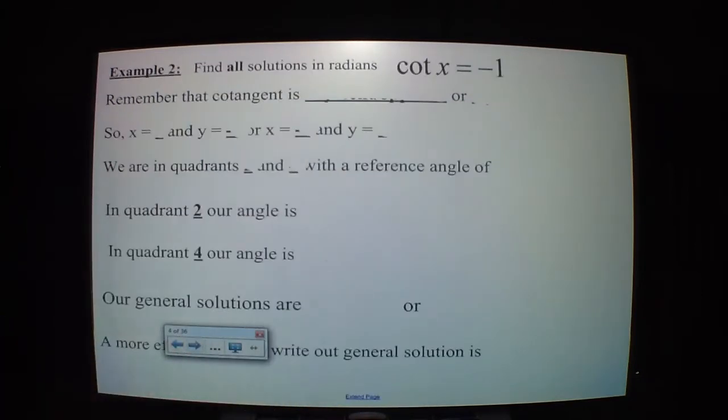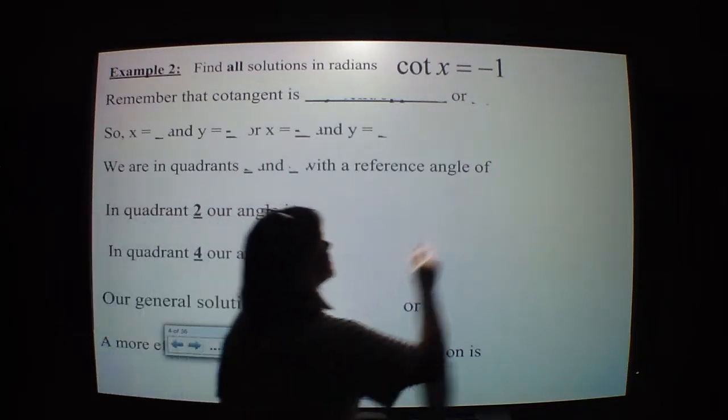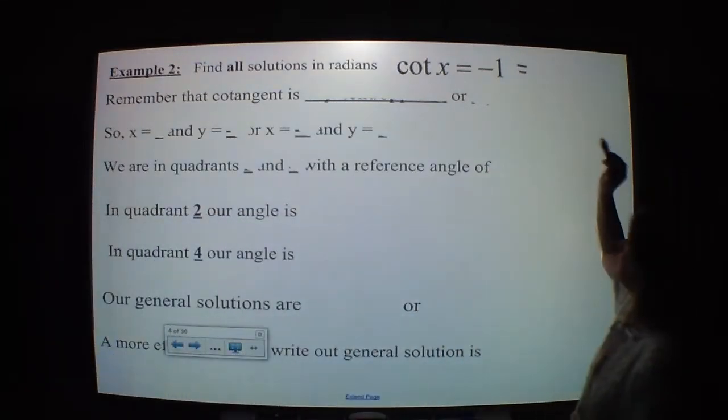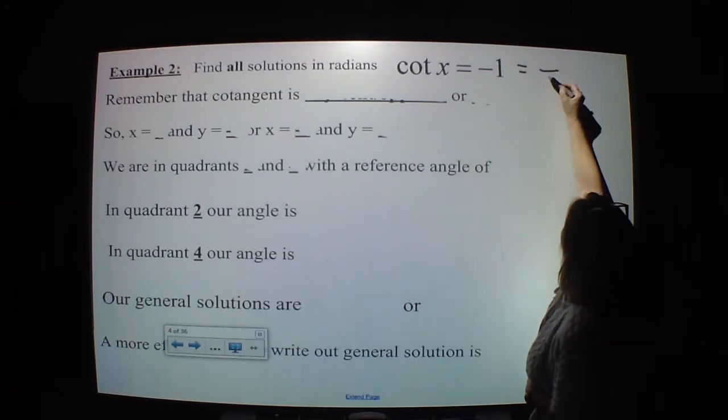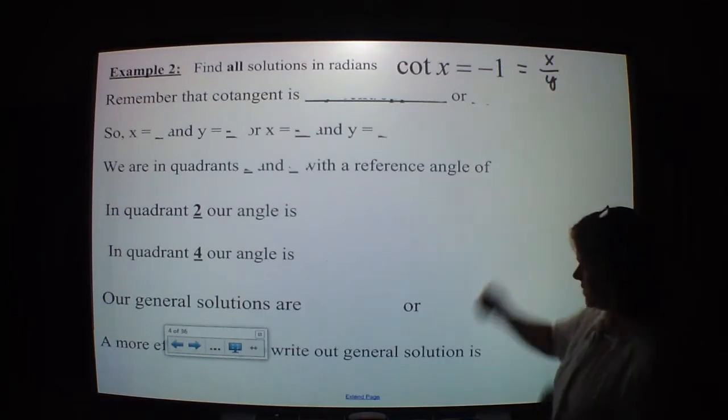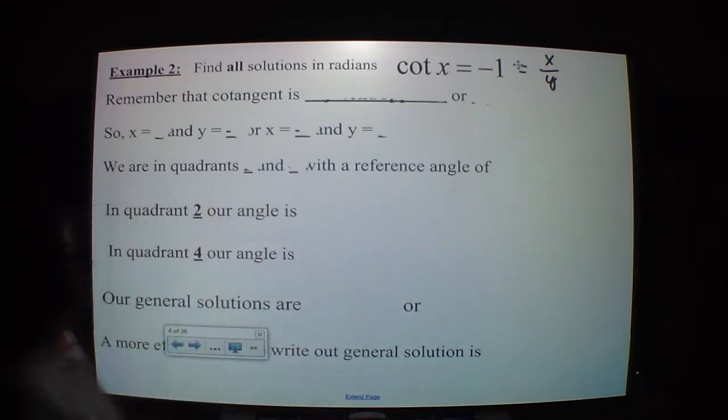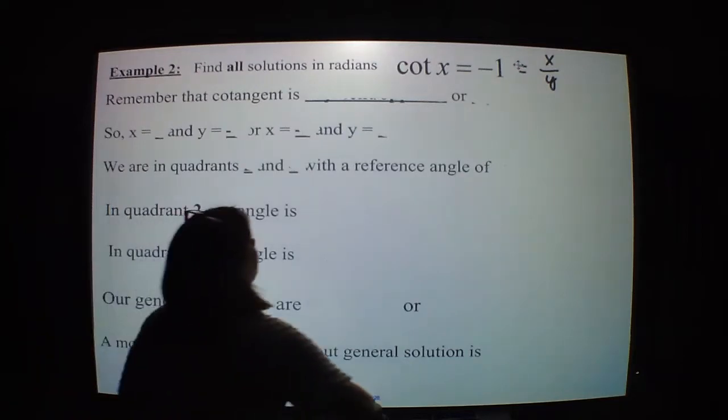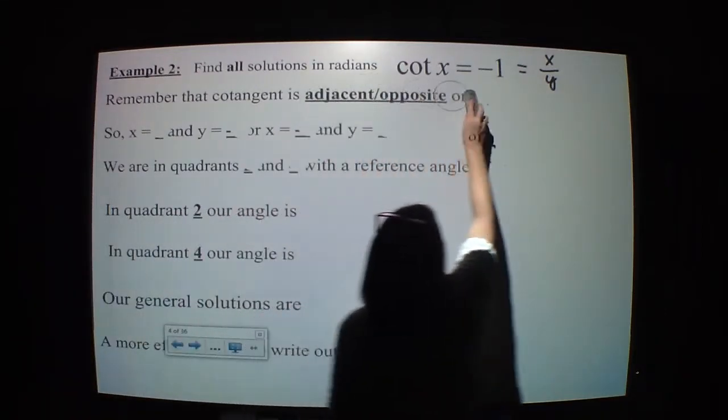Next one, cotangent of x is equal to negative 1. Remember, cotangent and tangent are reciprocals. So this is the adjacent side over the opposite, or the x side over the y side.